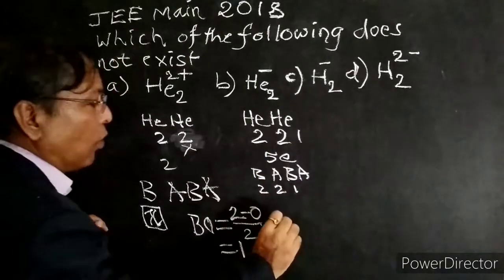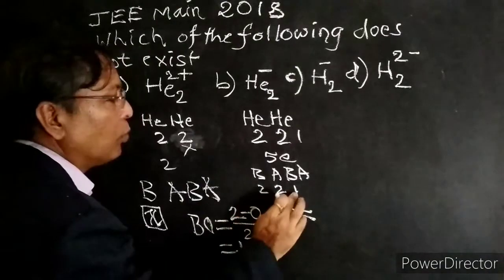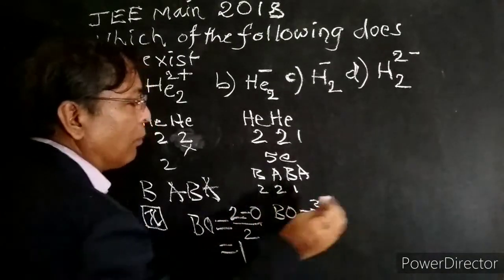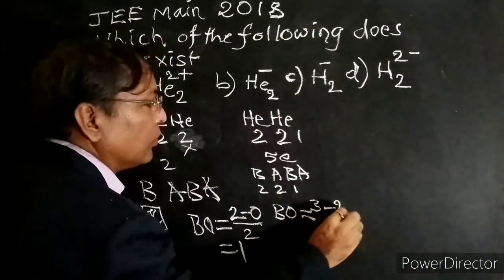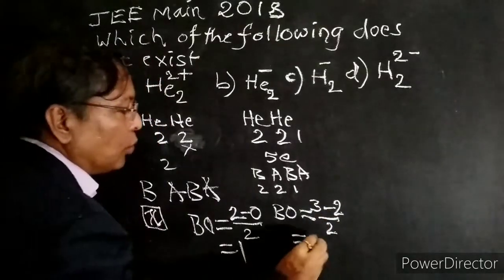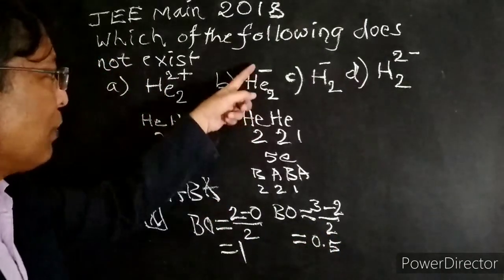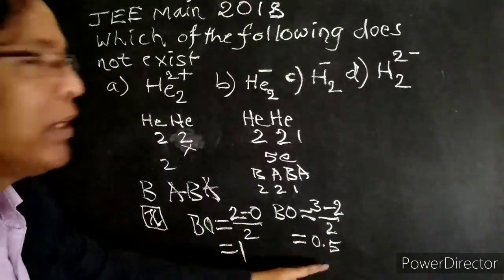Therefore, bond order equals number of bonding electrons 2 plus 1, 3, minus number of anti-bonding electrons 2, divided by 2. Therefore, 1 upon 2, that means 0.5. This molecule He2 minus has bond order 0.5.